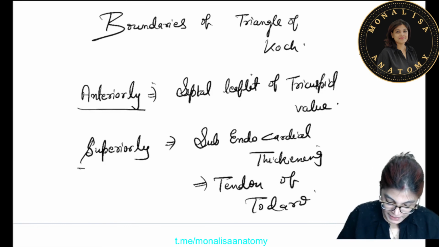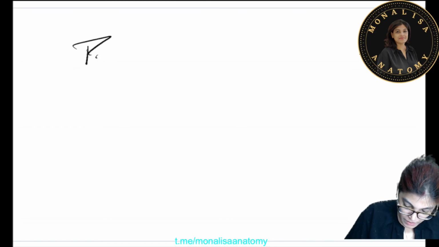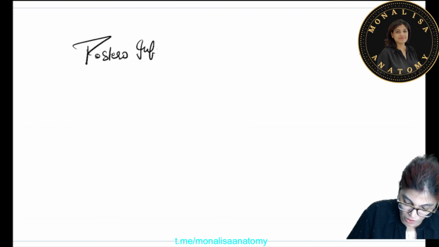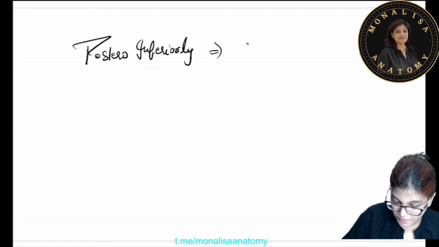Now we are done with anterior and superior. Moving to the postero-inferior border: postero-inferiorly it is bounded by the opening of the coronary sinus.